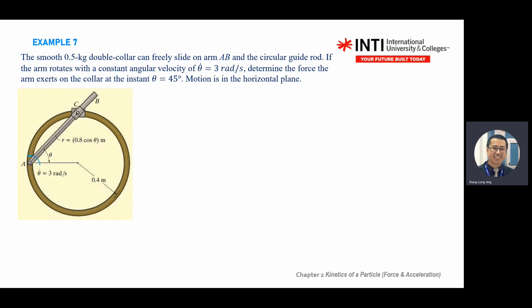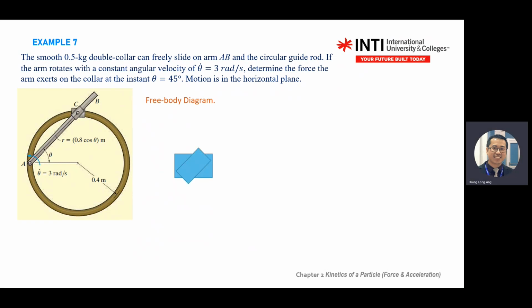Okay, normal and tangent, then call out the acceleration equation. Acceleration equals normal acceleration plus tangent direction. An equals v squared divided by rho. At equals the time differentiation of your tangent velocity. Free body diagram. We are focusing on determining the force the arm exerted on the collar at the instant of 45 degrees.